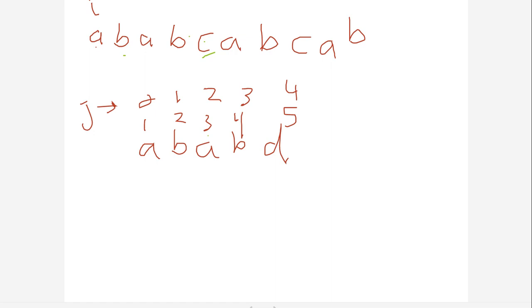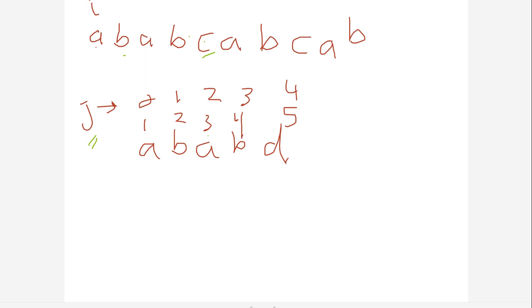Now, first thing is we are using now different counters. Counter I for the text and counter J for the pattern. Now, counter J has the option to go backward and forward.